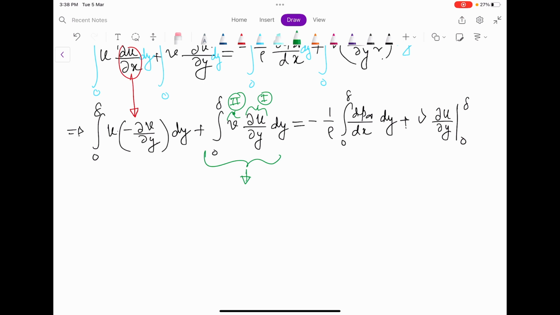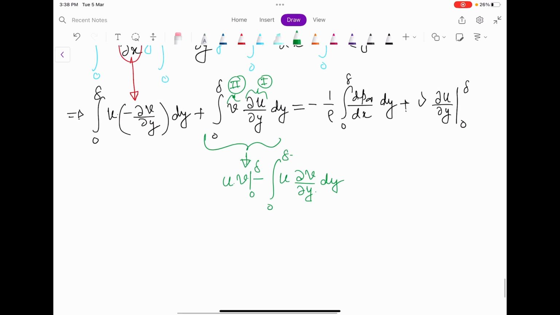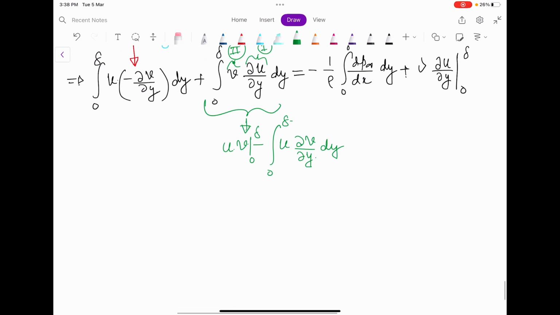Okay, so how can I write this? Integrating del u del y, that will be u, then into the second function minus u into derivative of the first function, from 0 to delta. And this will be what?